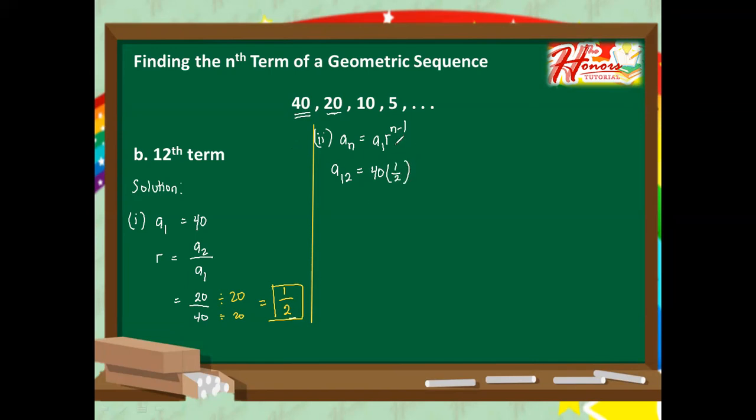And then N. What is N? N is the term itself that we're looking for. That's 12. So we have here 12 minus 1.